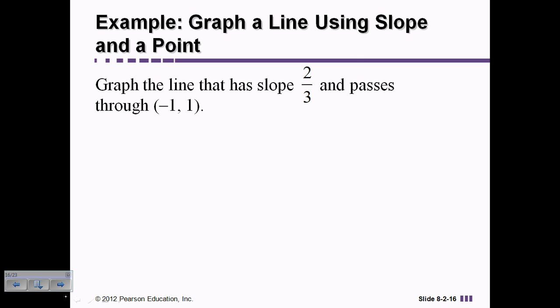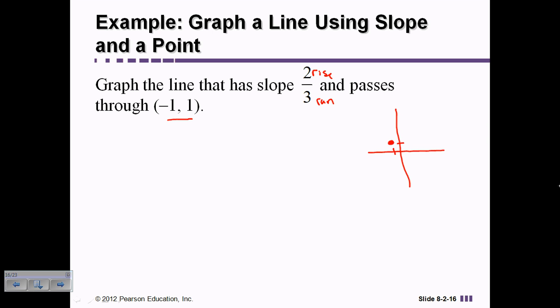All right, so here we want to graph the line that has a slope of 2 over 3 and passes through the point (-1, 1). So remember, 2 is the rise, 3 is the run, and this is our starting point. So we're going to make our graph. We're going to go to our starting point, so (-1, 1) is right here.